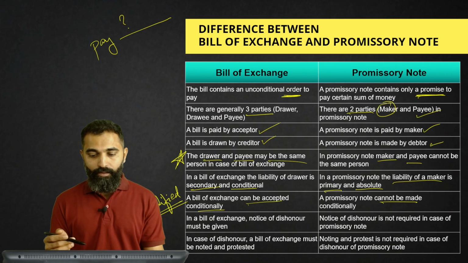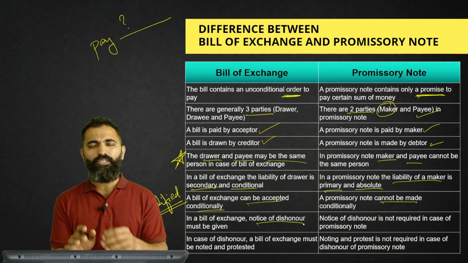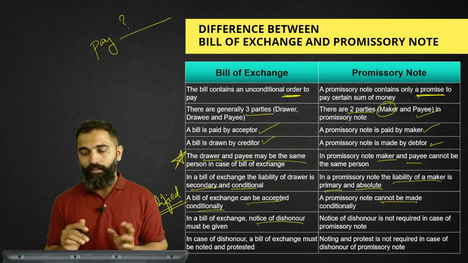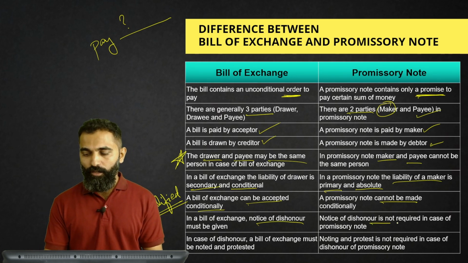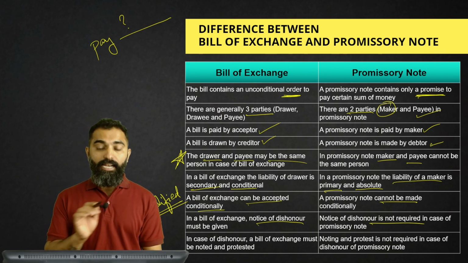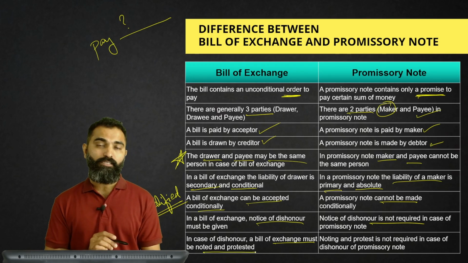Okay? In a bill of exchange, notice of dishonor must be given. Now this is purely a legal thing. You will read about it in law. And notice of dishonor is not required in case of a promissory note. In case of dishonor, a bill of exchange must be noted and protested.